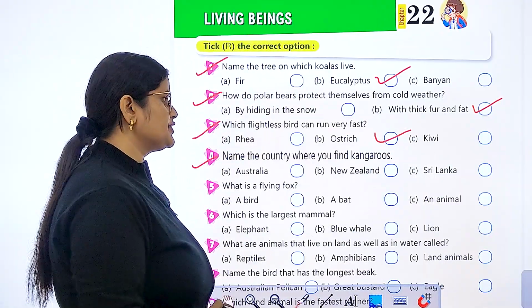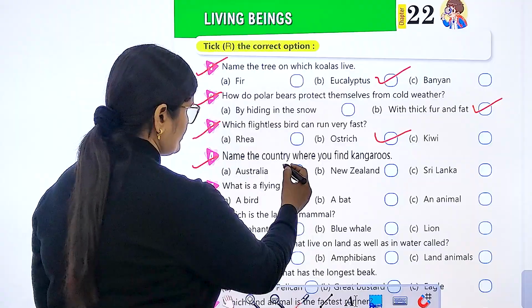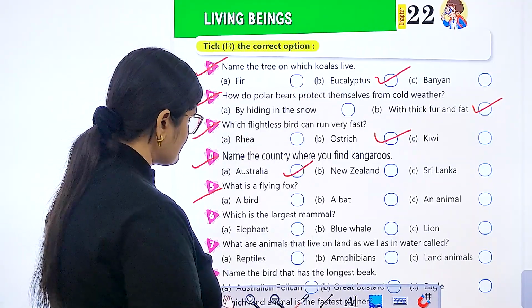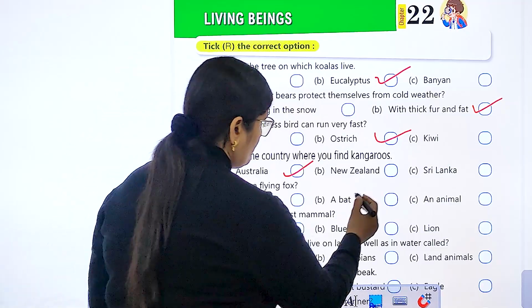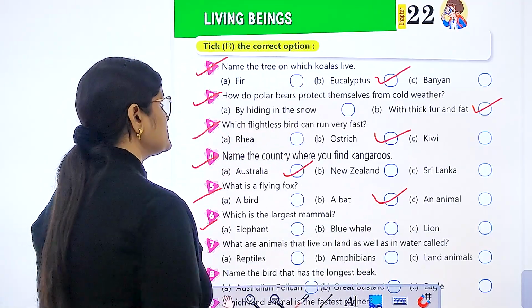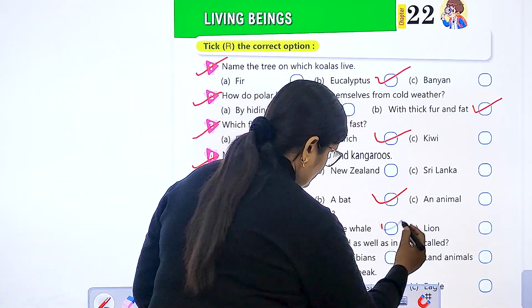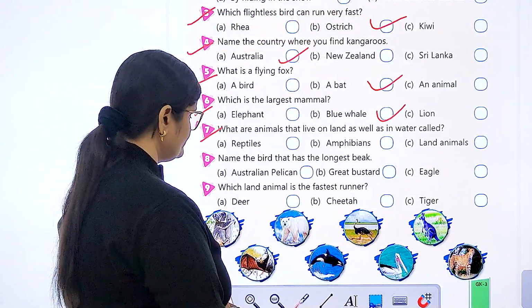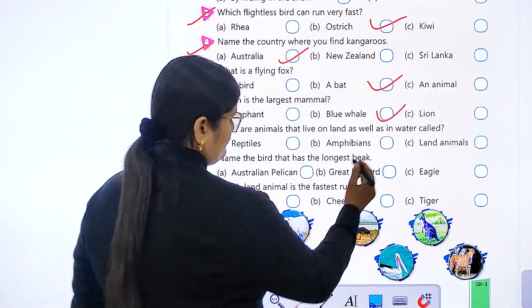4. Name the country where you find kangaroos. Australia. 5. What is a flying fox? A bat. Which is the largest mammal? Blue whale. What are animals that live on land as well as in water called? Amphibians.